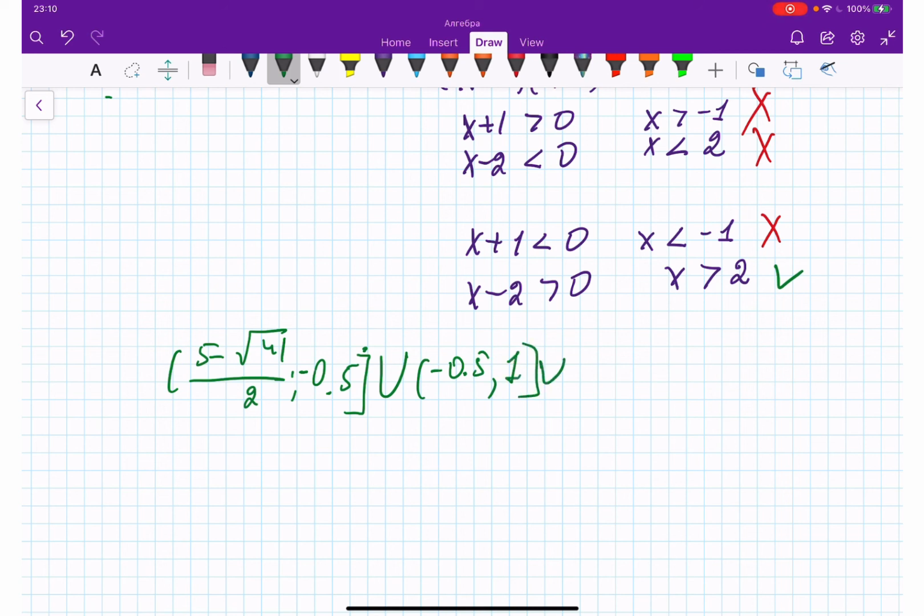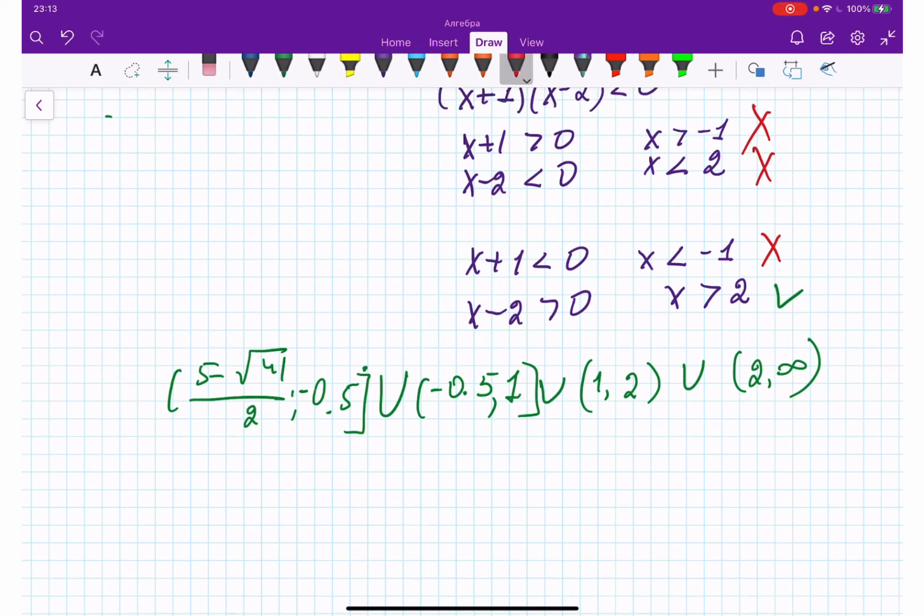Then we are getting here 1 and 2. And we get 2 and infinity. Okay, all right, moving to the next one.